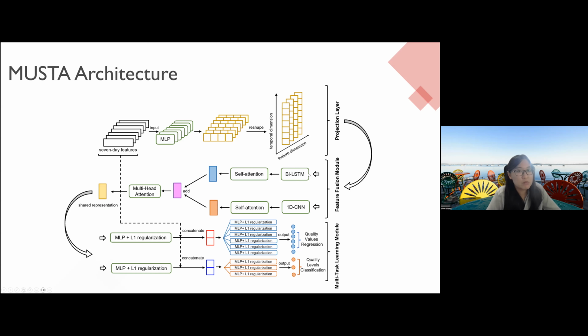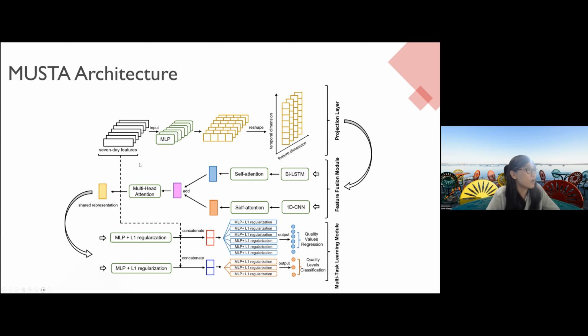We use LSTM, which is a well-known deep learning module to help process the time series data. Also, we use the 1D CNN, which is a well-known deep learning module to help process the spatial features. We forward these features into a self-attention module to help extract the most relevant features.